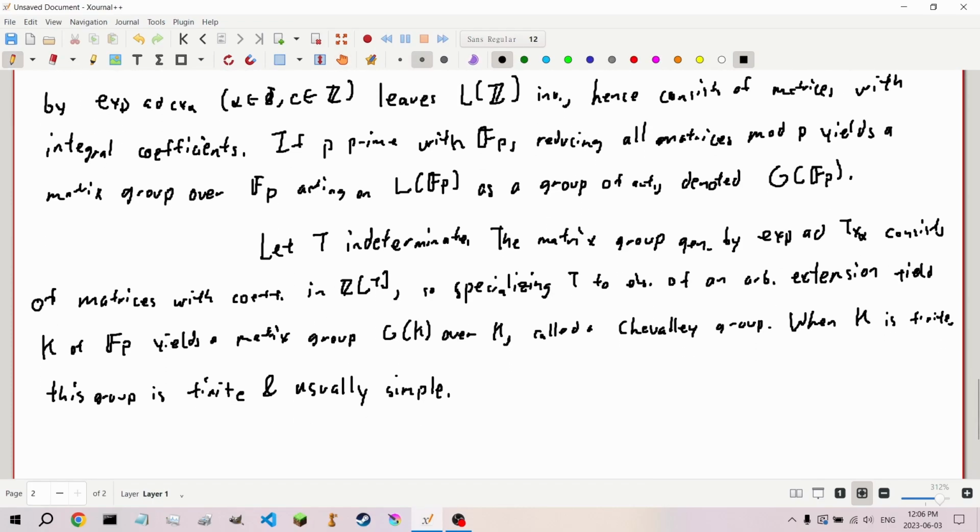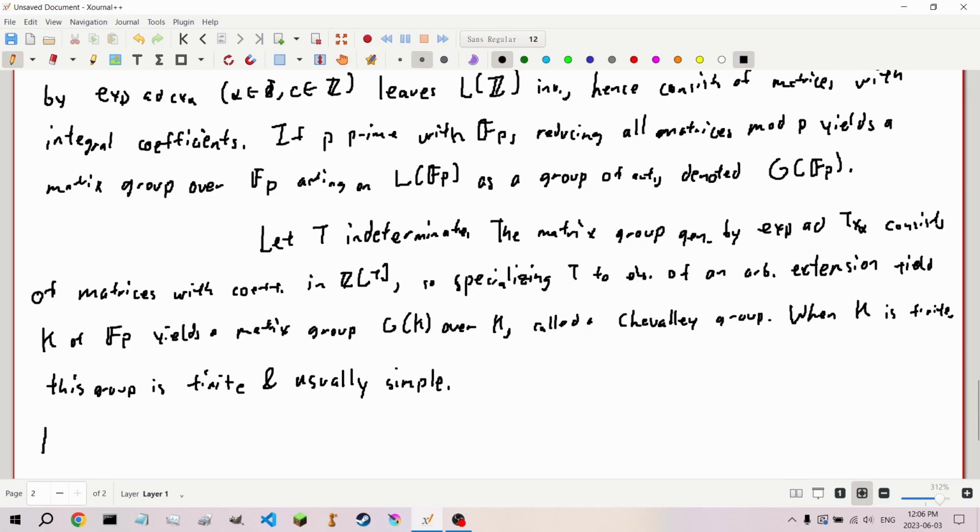I keep alternating between section and chapter too freely, and it makes it hard to know exactly where we are in the book. But this is on Constant's theorem.